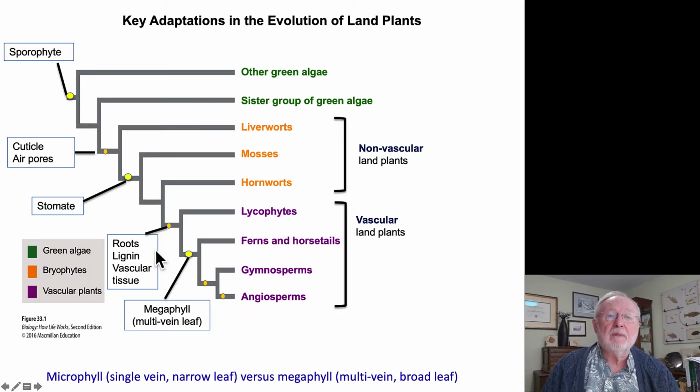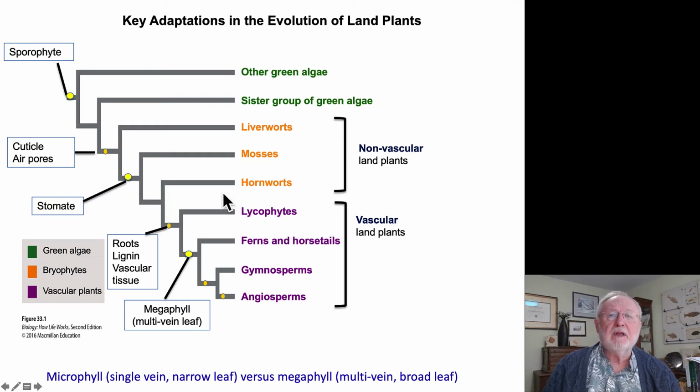These vascular plants were associated with lignin to provide structure, vascular tissue to move nutrients around, and roots to acquire nutrients and water from the soil, but also to provide a stabilizing feature.